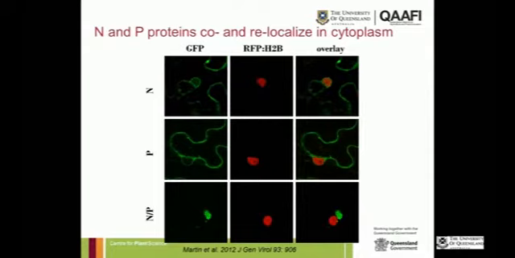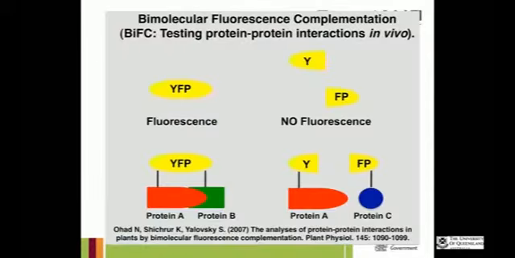So to test for this, that this is a real interaction rather than just a co-localization, we've used another method called bimolecular fluorescence complementation. For this method, you use a yellow fluorescent protein which is split in two halves, and you fuse one protein to one half and another protein to the other half.